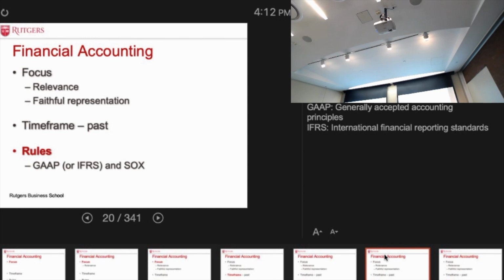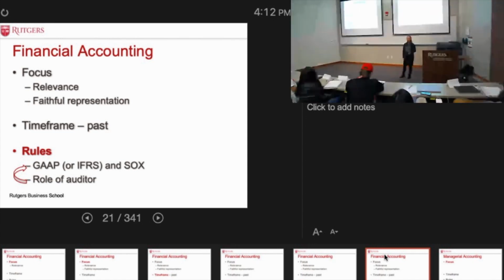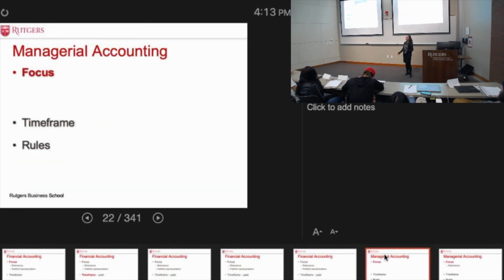So for the financial reporting, we need to follow those rules. And so if you are going to be an auditor, right, the auditor's job is going to check whether the financial reporting follows those rules. So that's about the financial reporting, the focus, the time frame, and also the rules.